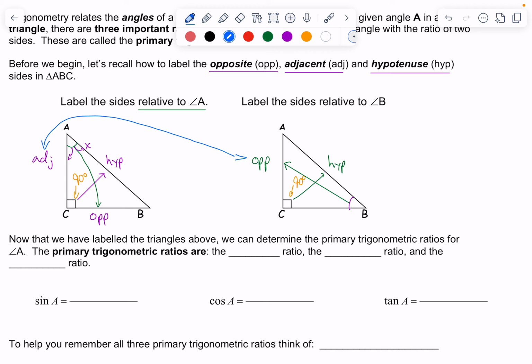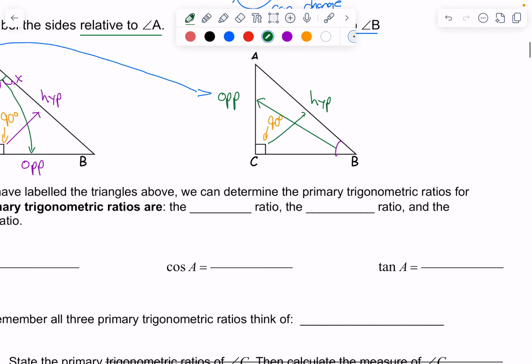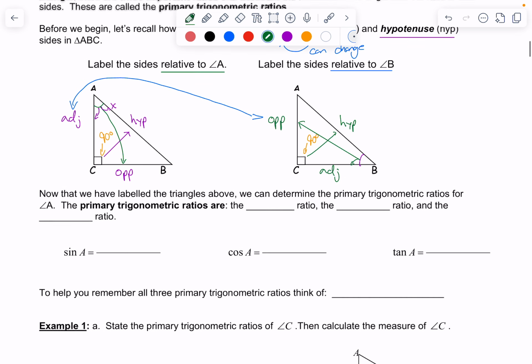That's because your relative angle has changed, okay? So depending on what angle you are using, your adjacent and your opposite can change. The hypotenuse never changes. It's always the longest side length. And now let's just finish up the triangle here. The one that's touching B has to be the adjacent, okay? It's the only other option.